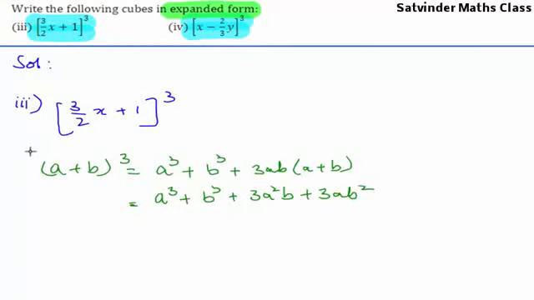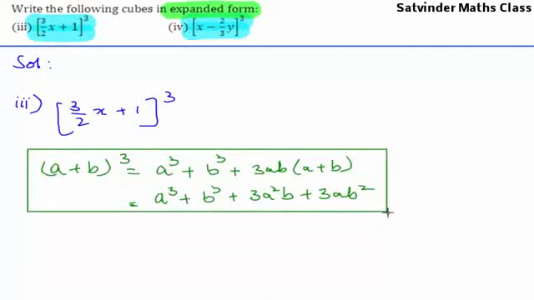This is an important identity that you need to remember. Now here we have a is 3/2 x and b is 1.